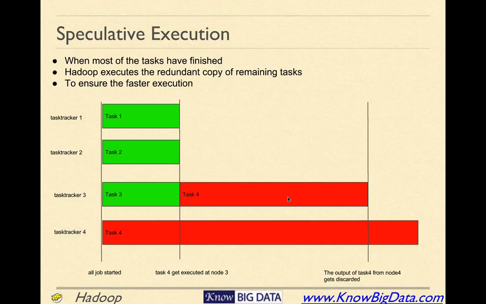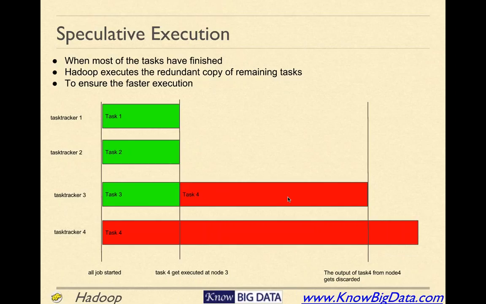Can we in a way make our overall job fast if we do not know that some of the nodes might be slow? All right, let me reword it again. Let's say we are trying to execute something on 5 nodes. Out of these 5 nodes, some will be really fast and some will be very slow, and you don't know right now which ones those are.